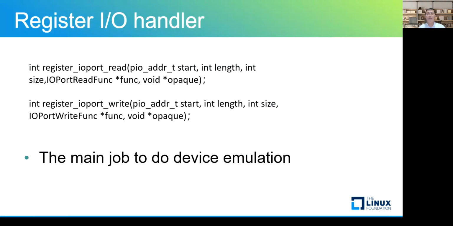For the hypervisor, today we use QEMU for both KVM and Xen. QEMU will register function callbacks for I/O ports. So when we create a new virtual device, the main job is to develop the read-write callbacks.